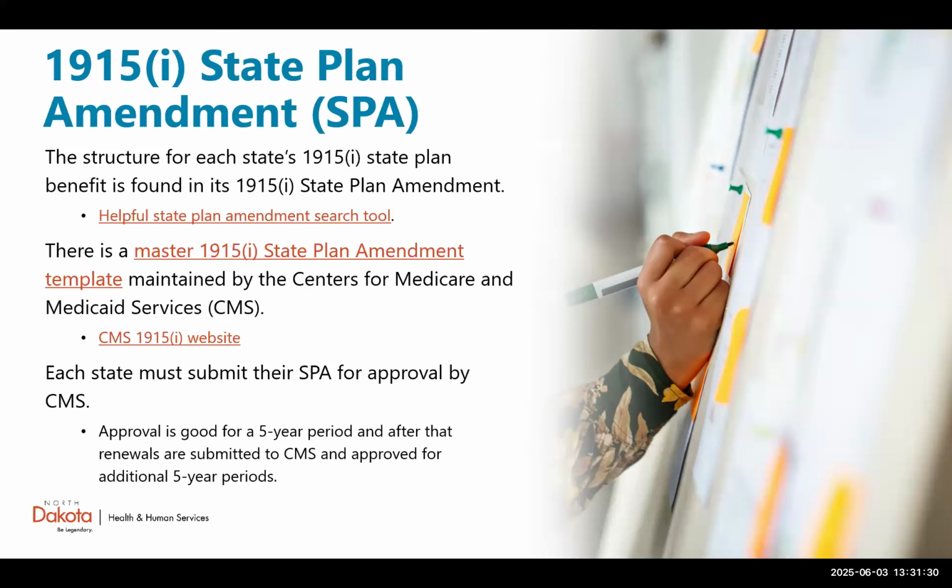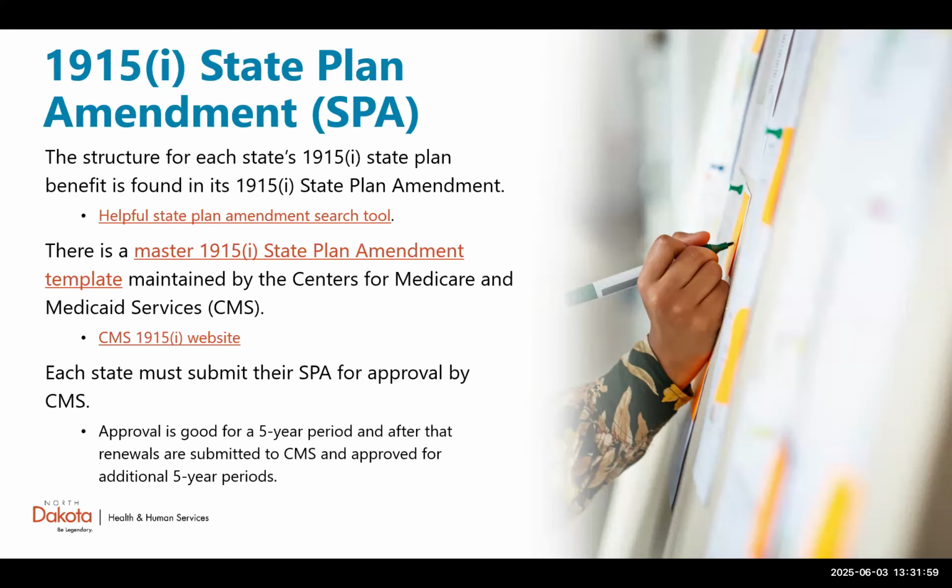The basis for 1915I, what I like to call the DNA or the foundation of it, is what's called the State Plan Amendment. Each state has to submit a state plan amendment to be approved by the Centers for Medicare and Medicaid Services, CMS. The approval is good for a 5-year period, and then after that you resubmit the state plan amendment for renewal.